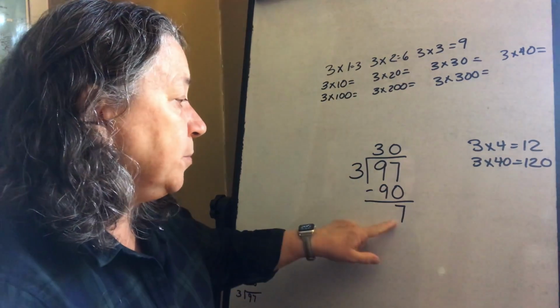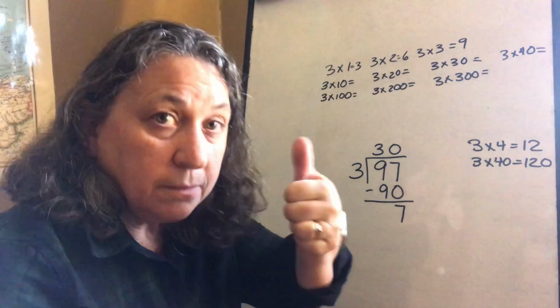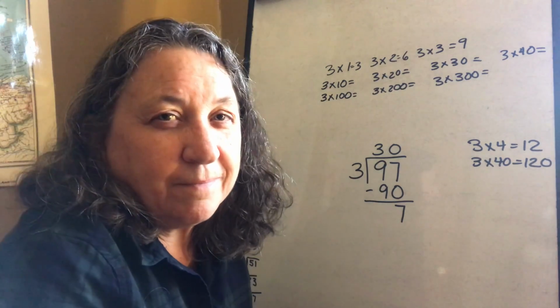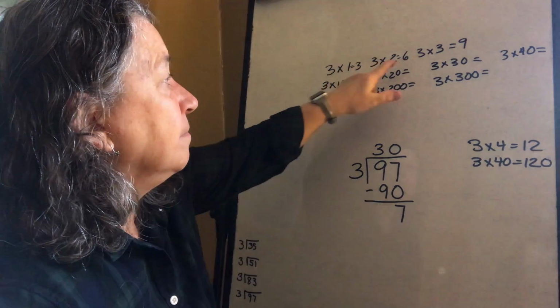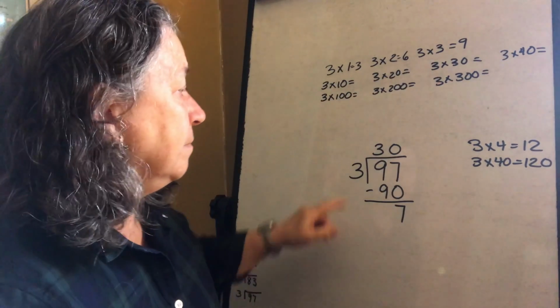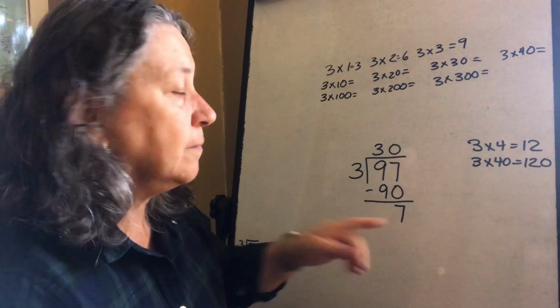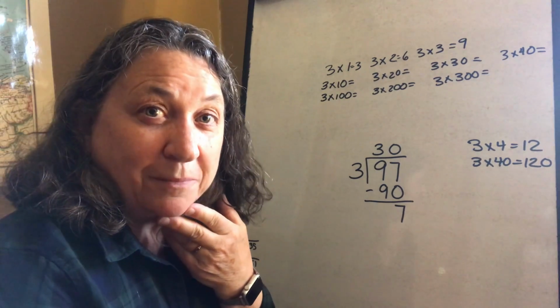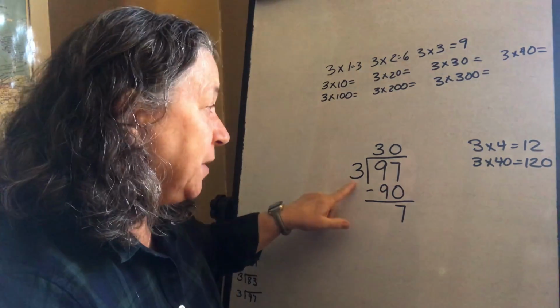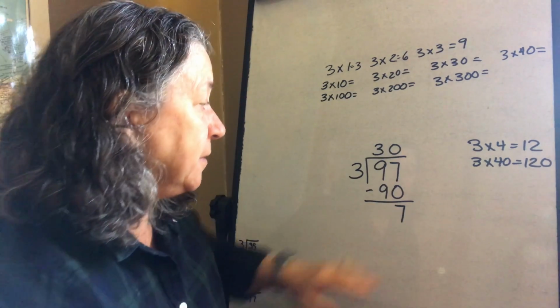Can we make some groups of 3 with 7? Yep. How many? That's right, 2. 3 times 2 is 6.